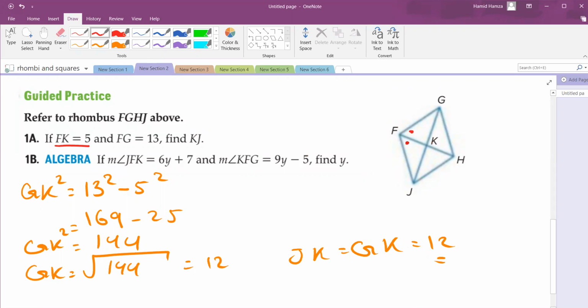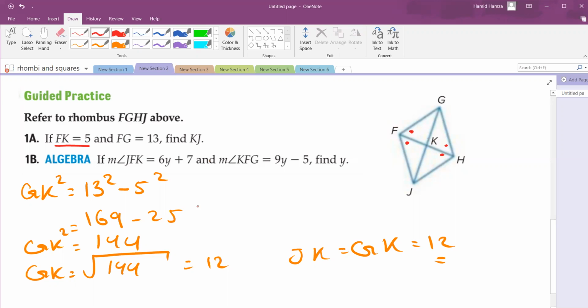What is the relation between them? Congruent, yes. So these four are congruent, 1, 2, 3. All of them are congruent, guys. The angles around the same diagonals are congruent.